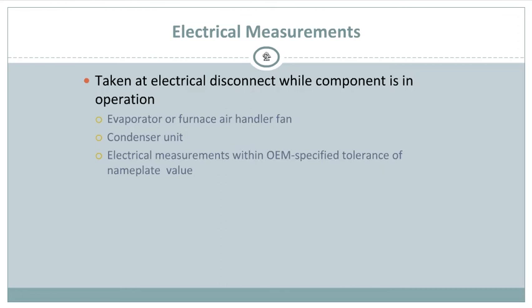Again, electrical measures, these are just for evaporative furnaces. This is your fan in your furnace, your cooling systems, and so on. So it talks about your condenser unit. It'll talk about the air handler fan, the size, the speed, those types of things, okay? So you're going to perform a test.